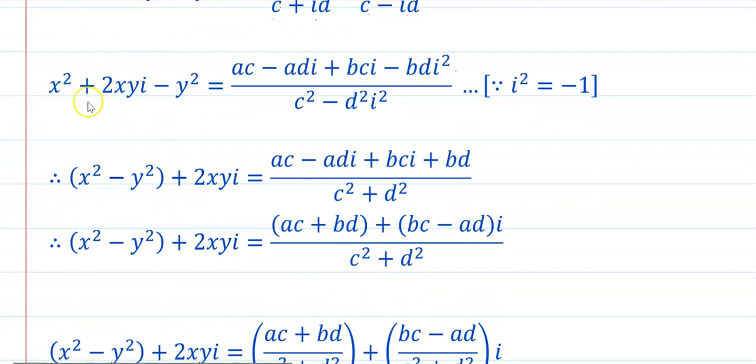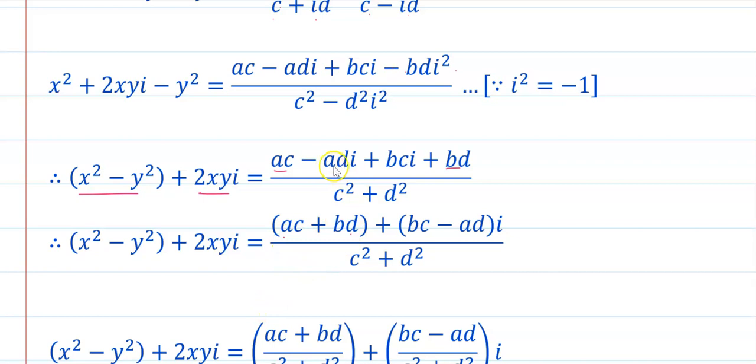Now look here. Collect the real part: x square minus y square. This is the real part, and this is the imaginary part. Next, ac minus adi, bci, i square is minus 1 and this minus that will become plus, and hence plus bd is given. Now here ac is real, collect the real terms.